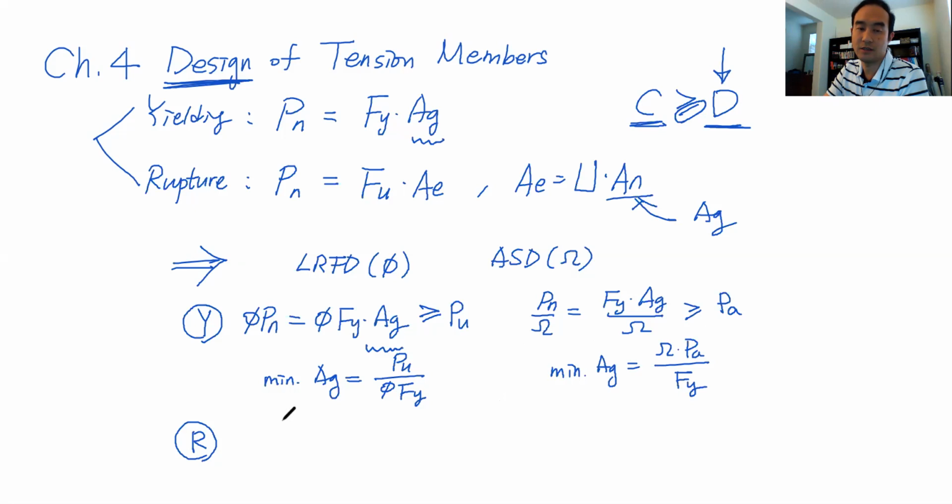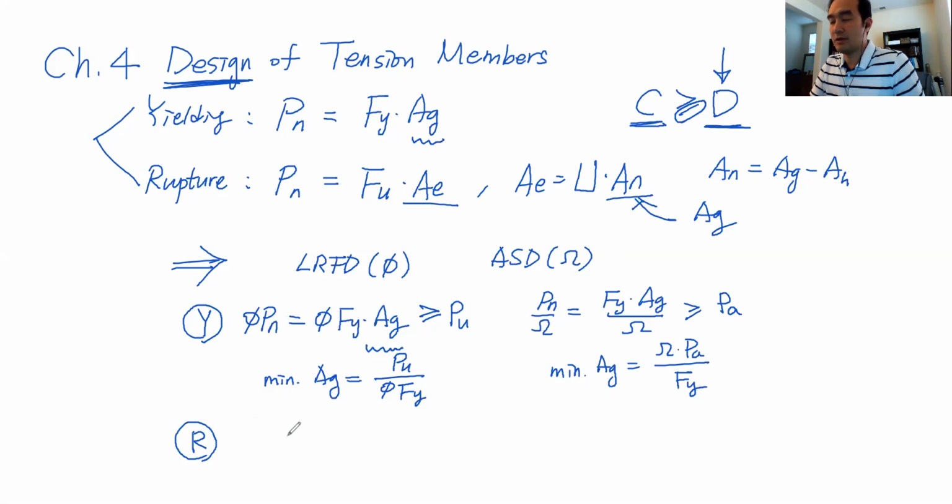The rupture limit state is a little bit complicated because it is not directly in Ag. This is in Ae, and Ae is equal to U times An, and An is actually Ag minus the area of the holes, right? Because we do not know the area of the holes at the beginning, it goes through several steps.